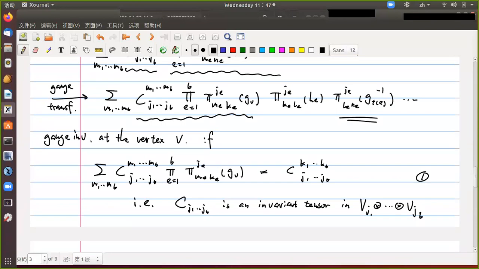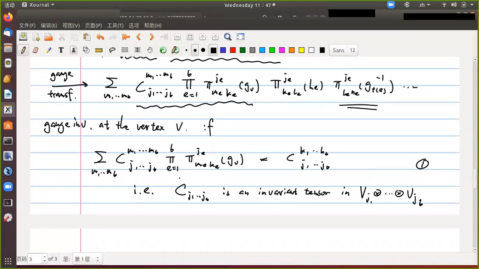Okay, so here you can see that, as I said, the left-hand side of this equation 1 is just an operation on this tensor C. And what is this operation? This is just an SU(2) group acting on this tensor.